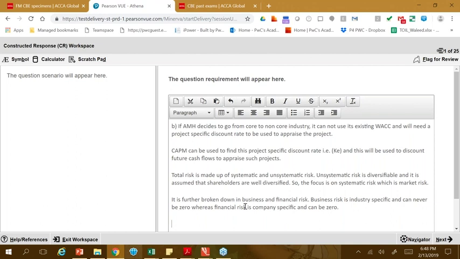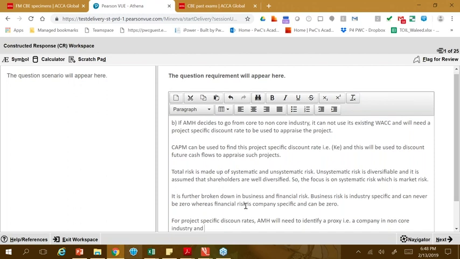Then, for project-specific discount rates, AMH will need to identify a proxy, i.e. a company in non-core industry, and take their beta equity, which has business and financial risk in it.